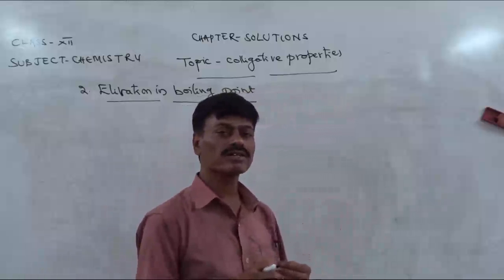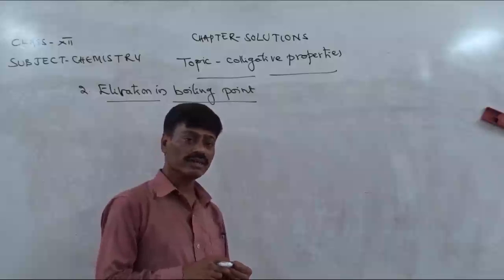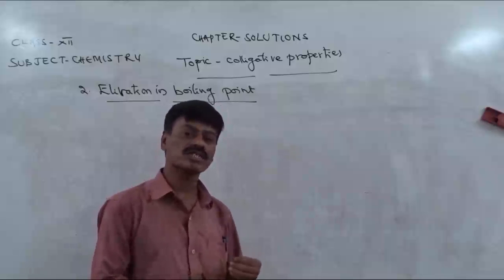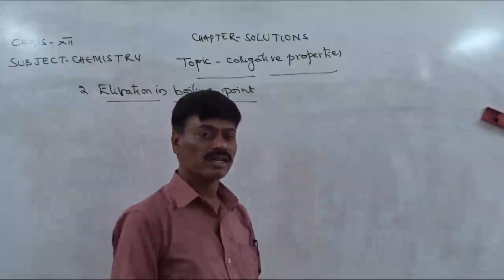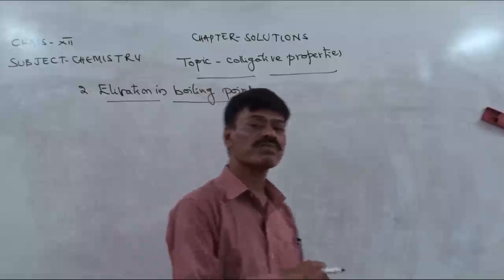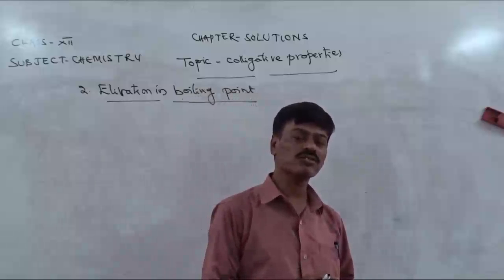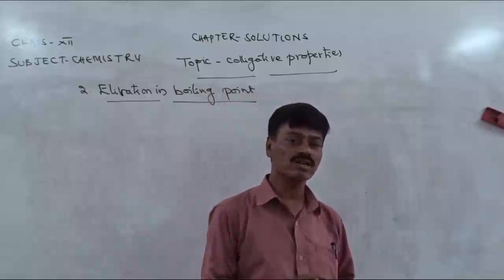Once the binary solution of that solvent and the solute is resulted, if we want to boil that solution, again we have to increase the vapor pressure. So again, to increase vapor pressure, we need to give heat energy. Means finally we need to give more amount of heat energy to boil the binary solution.